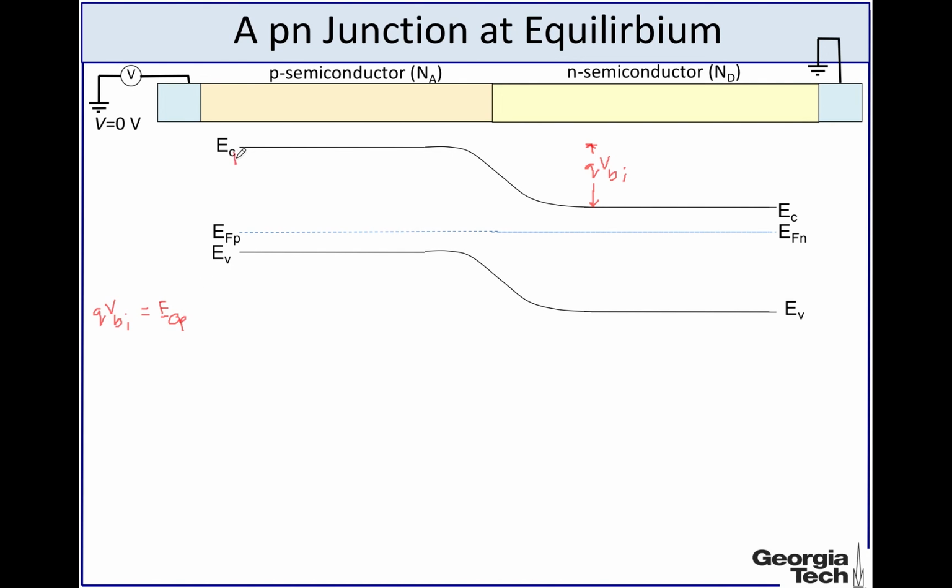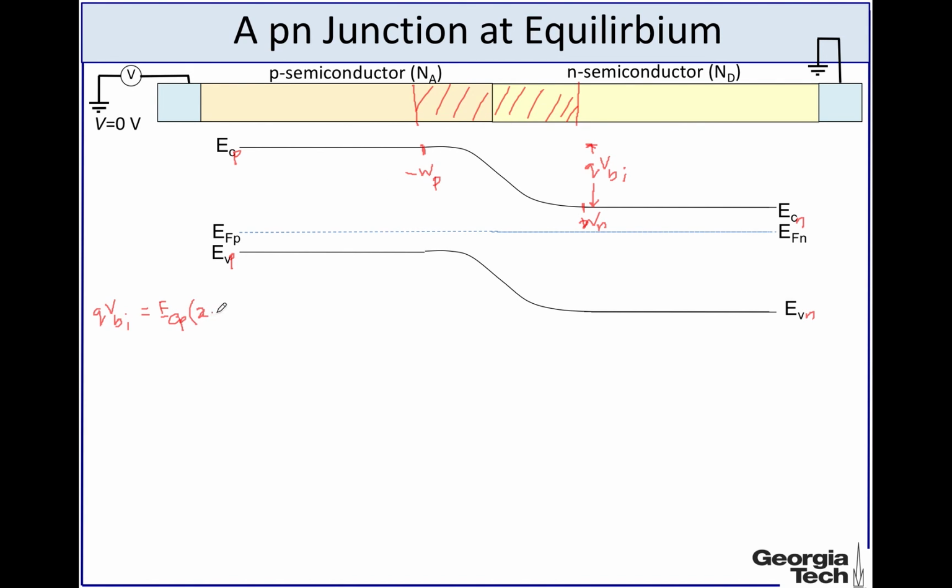Let's say this is ECP, and this is EVP, and this is ECN, this is EVN. Say this is the depletion width on the P side, minus WP, and this is the depletion width on the N side, WN. So these are the depletion regions on the N side and the P side.